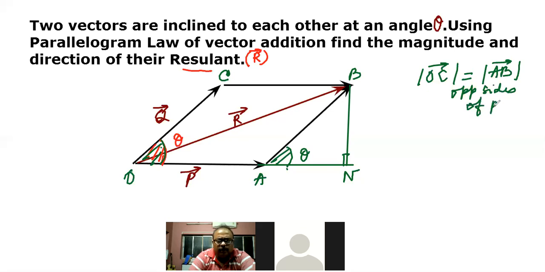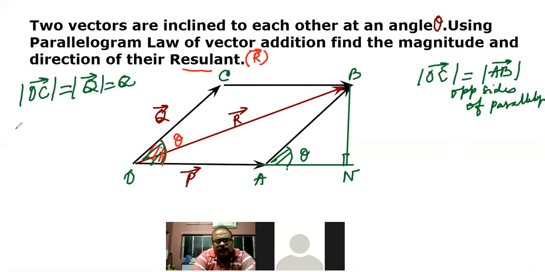So if the magnitude of OC is Q, let me denote it by only Q, and similarly the magnitude of P as only P. Then if OC is Q, AB is also Q, and the magnitude of OA, the P vector, is also P.